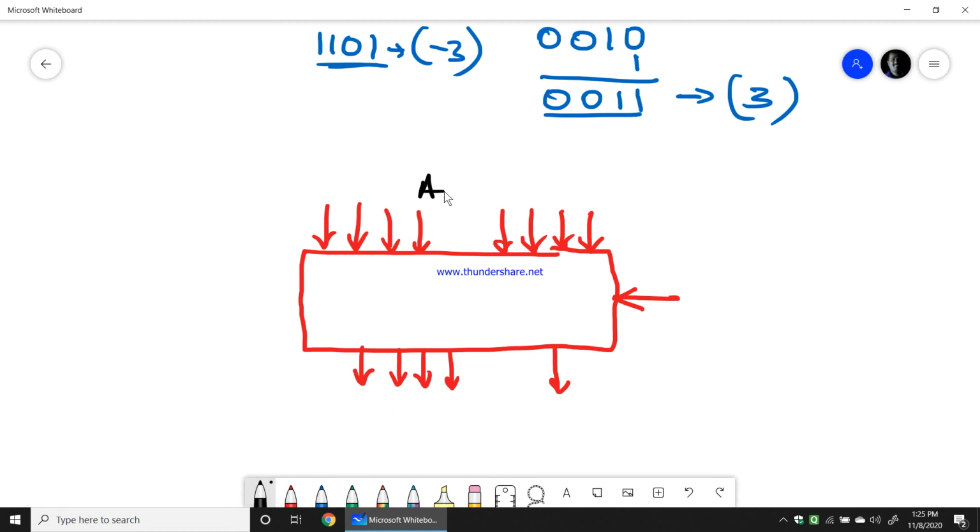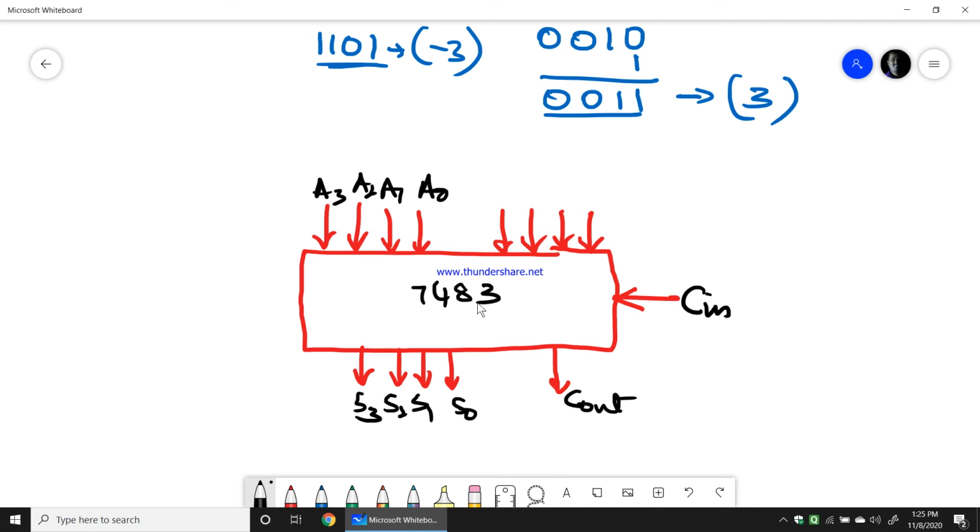So I'll have A0, A1, A2, A3, and then this is C in, and then this is C out, and then this is S0, S1, S2, S3, and this is 7483. Now the 7483 IC will do what? It will add these 4 bits with these 4 bits.